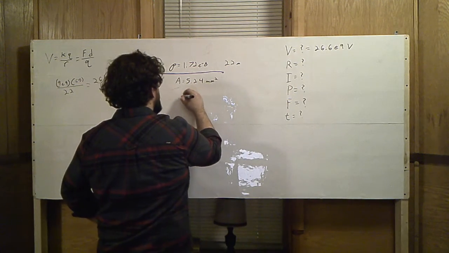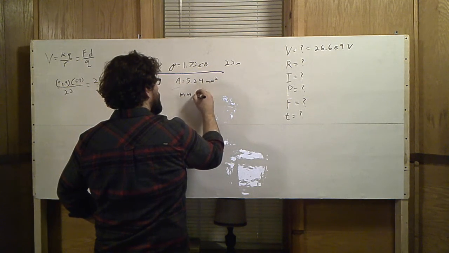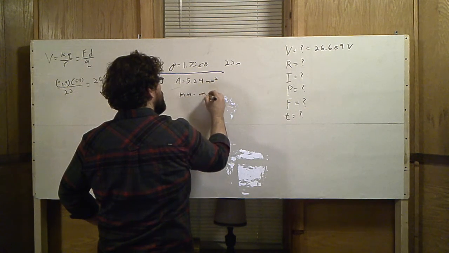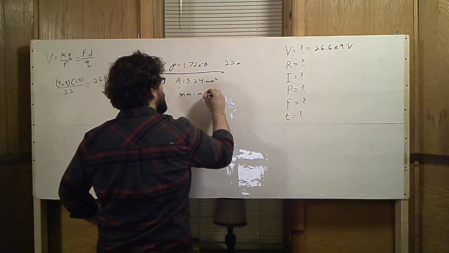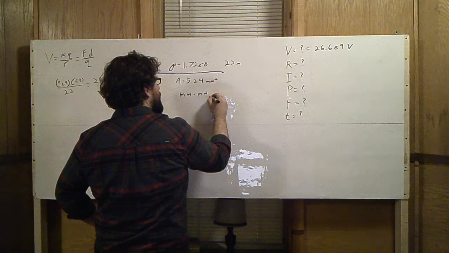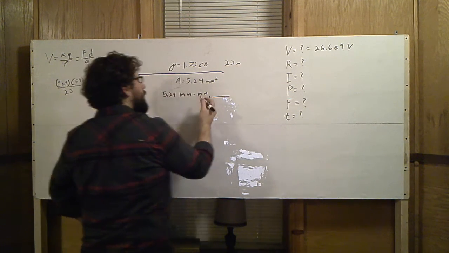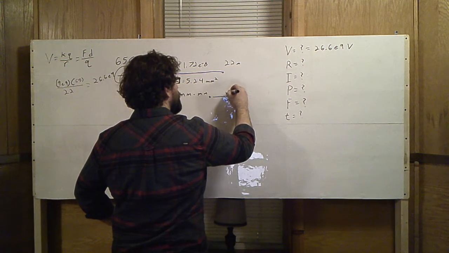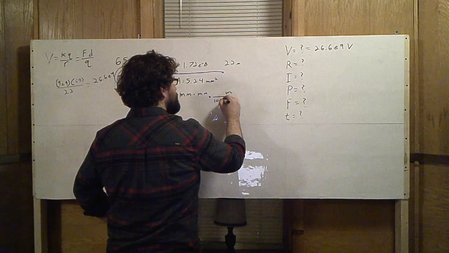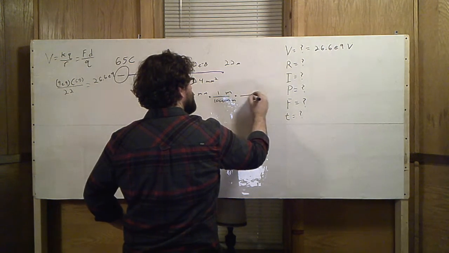So we've got a millimeter squared, which would be millimeter times millimeter. In order to convert that, I'm going to take my 5.24. I'm going to need a conversion of a millimeter to a meter. There are 1,000 in one, and I'm going to need to do that twice.